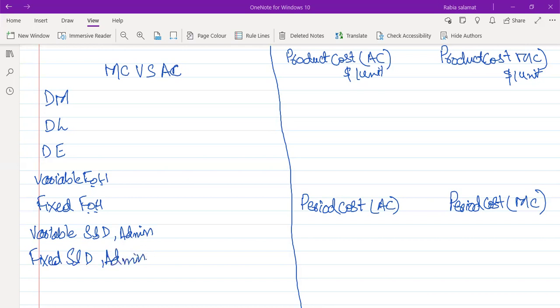This is the major cost. Now we will pick one element and decide whether it is part of the product cost or the period cost.